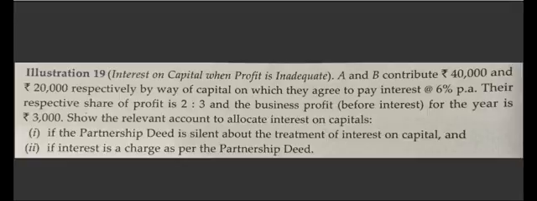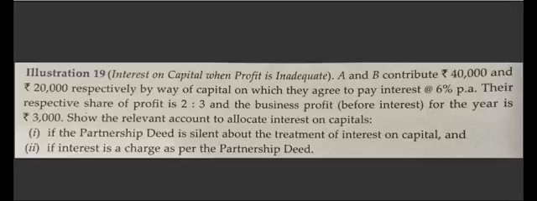But the deed is silent whether this interest on capital is an appropriation or a charge. Be careful with this. Do not ignore interest on capital. It is given in the deed, but how it is to be treated is silent.